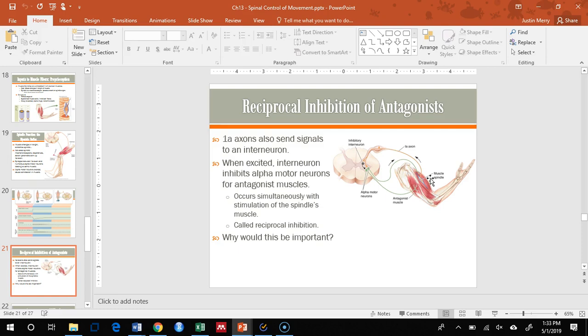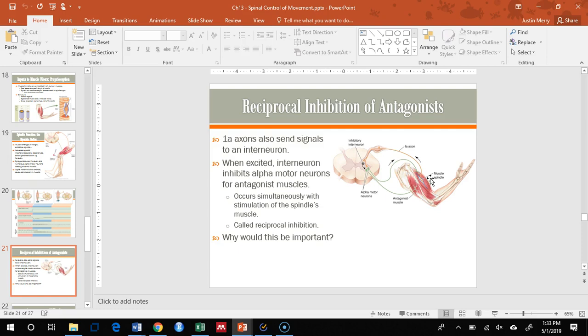But the reciprocal inhibition part of it is that in addition to doing that, these myotatic reflexes also will stimulate an interneuron, which leads to the motor neurons that run the antagonist muscles. So in the case of the biceps muscle, these are the alpha motor neurons that lead to the triceps muscles back here. The biceps causes flexion of the arm, triceps causes extension.